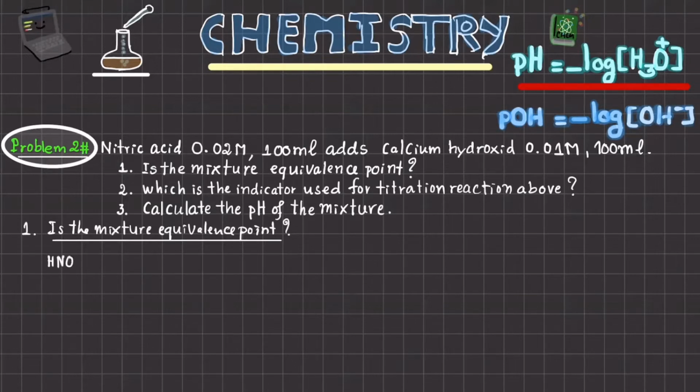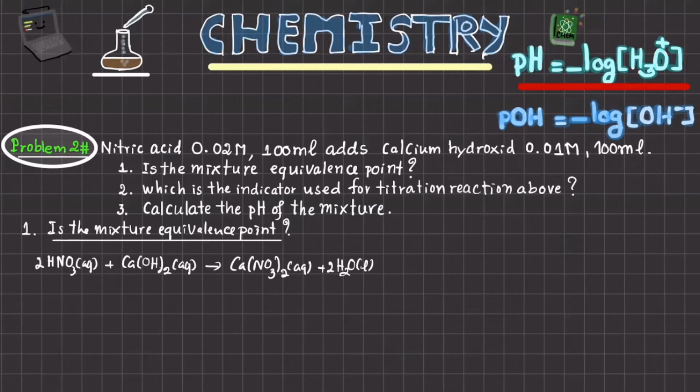We write nitric acid plus calcium hydroxide, a strong base, to produce calcium nitrate in aqueous solution and liquid water. You have to balance the equation: I have to put 2 moles of nitric acid and 2 moles of water.